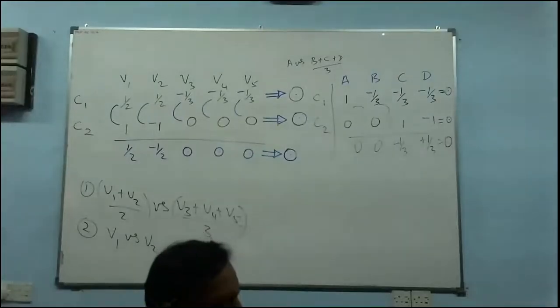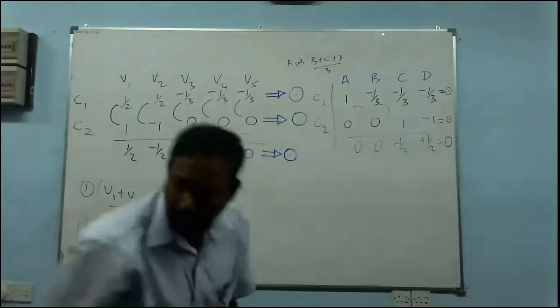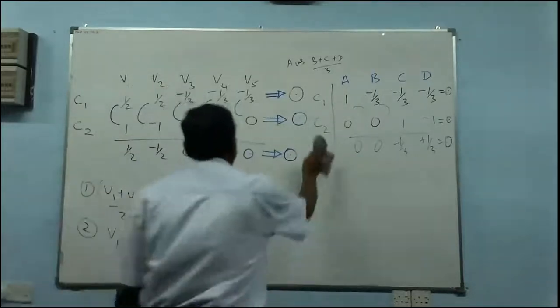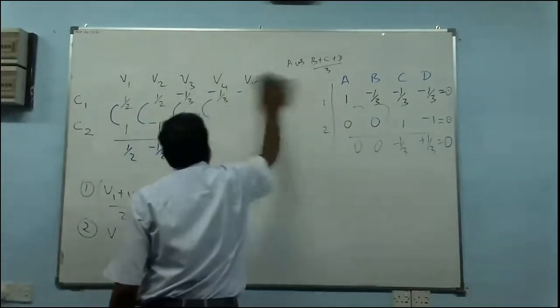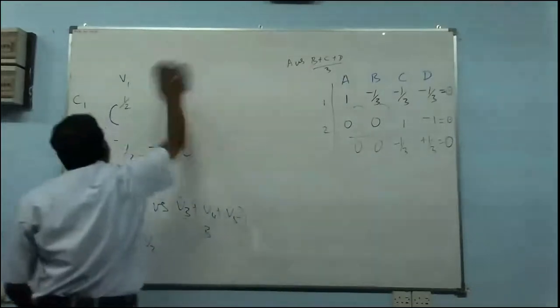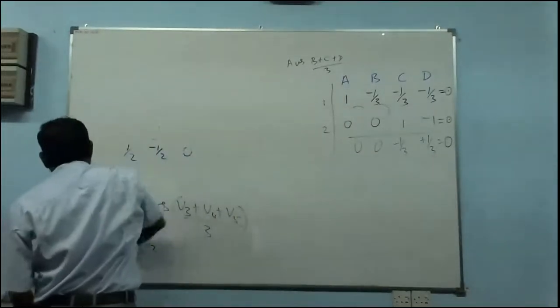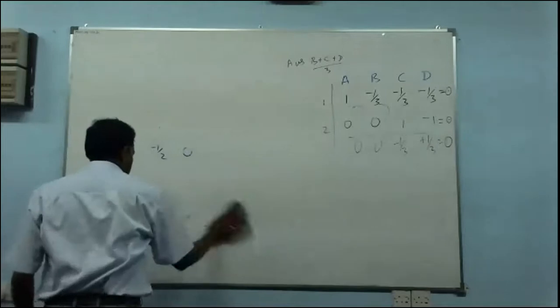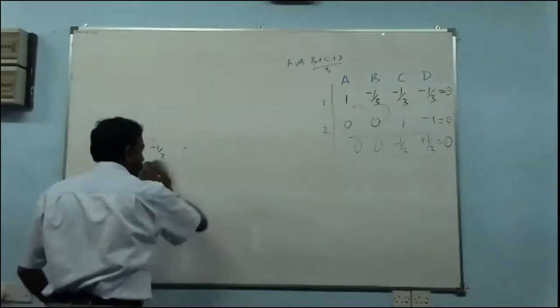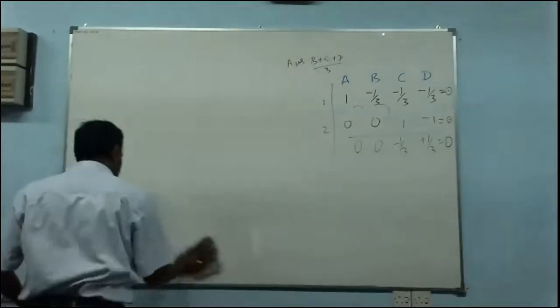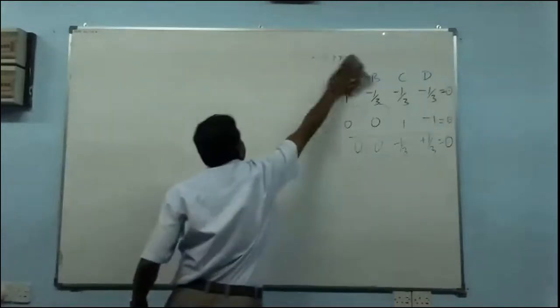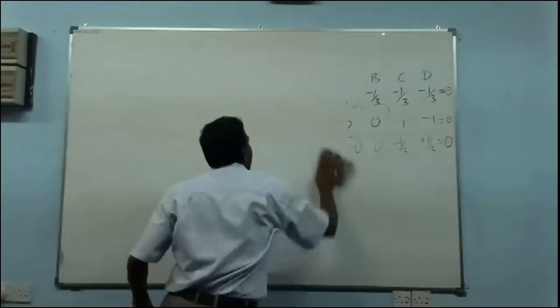If you look at the Anova table, can you remember the Anova table? Source of variance, degrees of freedom, sums of square, mean square, and the F calculated value.